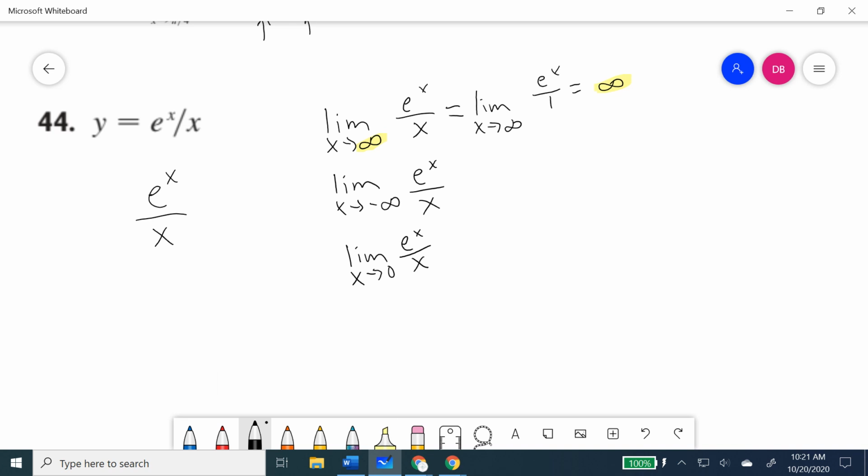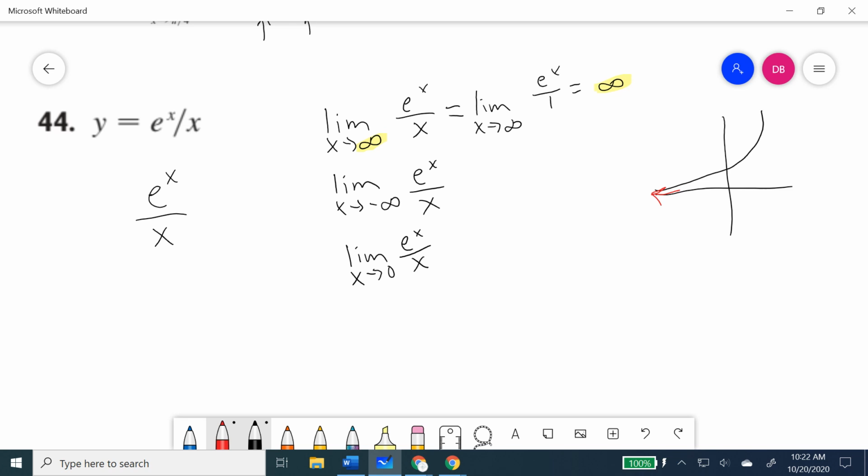When I look at the left side, I want to be careful. What does e to the x do when I head to negative infinity instead of heading to positive infinity? Zero.